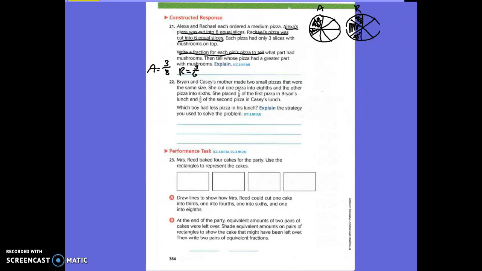Okay, whose pizza had a greater part with mushrooms? Look at the 2 pizzas. Look at Rachel's and look at Alexa's. Whose had more pizza that had mushrooms on top? Xander? Rachel. You guys agree? Yes, I would agree. And why did we say Rachel had more?